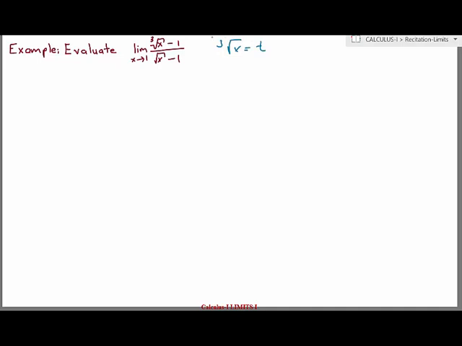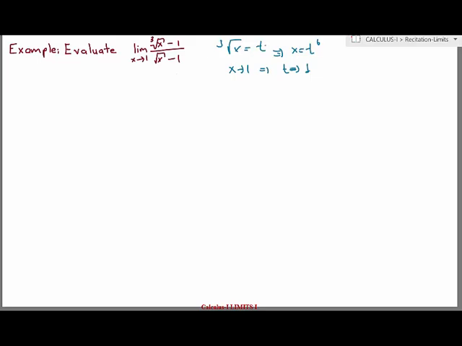So x in this case is t to the power 6. What about when x tends to 1, t also tends to 1. So we do not have a problem with this.